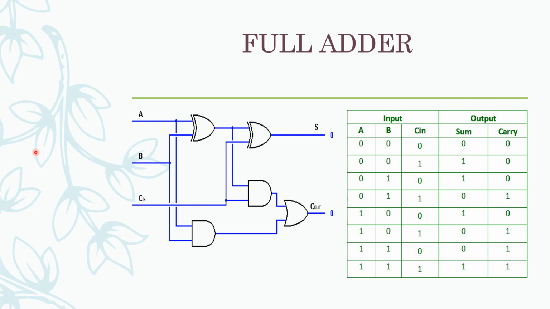Or even by applying the XOR values, simply A and B is the input to this. B is even input to this. A is the input to this. So simply by varying the value of A, B and C input, we can simplify this and we can reach up to the output for sum and carry.